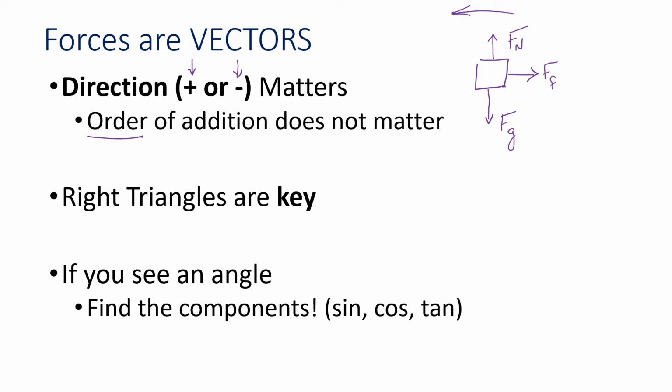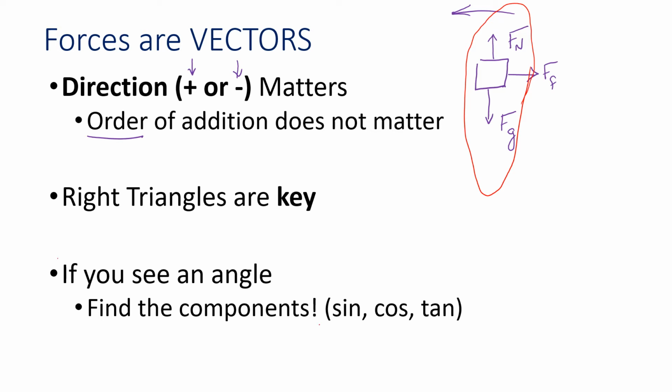Got gravity, and we've got a normal force. When we write our summation equations, we would have to be careful about which forces we need in which summation equation. So vertical forces would be in one summation equation, and horizontal forces would be in a separate summation equation.